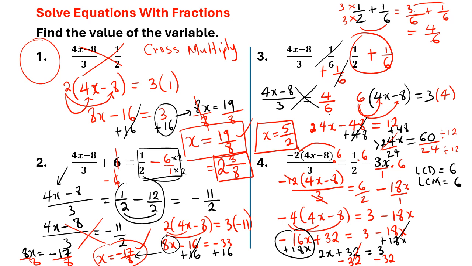Then 2x is left, and that will be equal to 3 minus 32. 3 minus 32 is negative 29. And then you divide both sides by 2. Dividing both sides by 2 gives you the final answer. That means x equals negative 29 over 2.